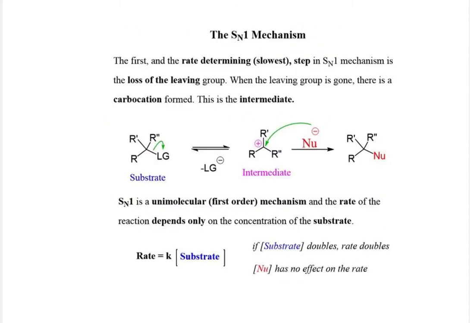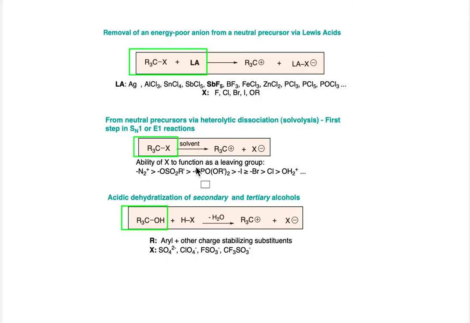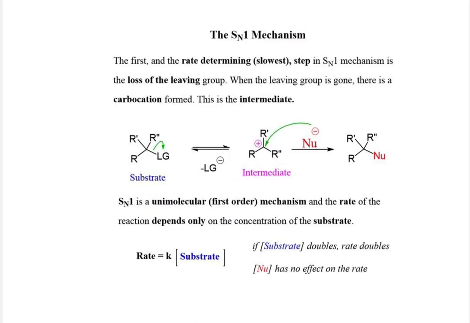As we were discussing, the tertiary alkyl halide in polar solvent can also lead to the formation of carbocation.